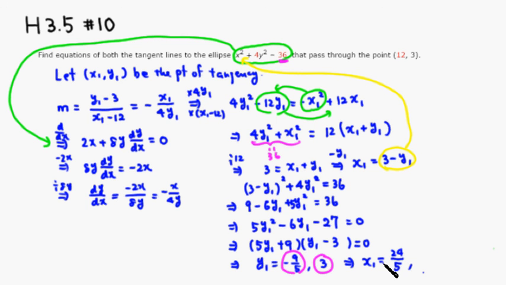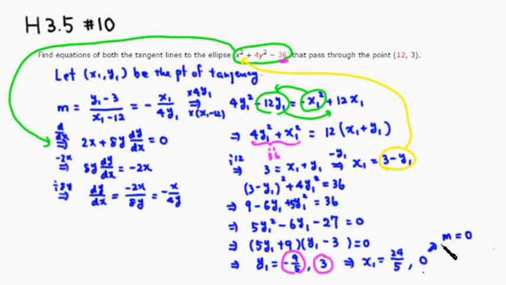If y1 is 3, then 3 minus 3, so x1 is going to be 0. Then go back to the slope, negative x1 over 4y1. If you plug in 0, the slope is going to be 0.